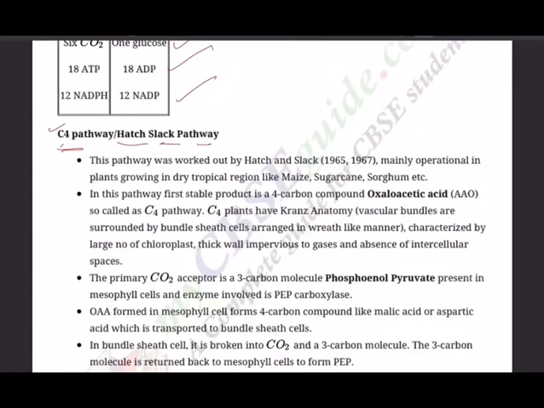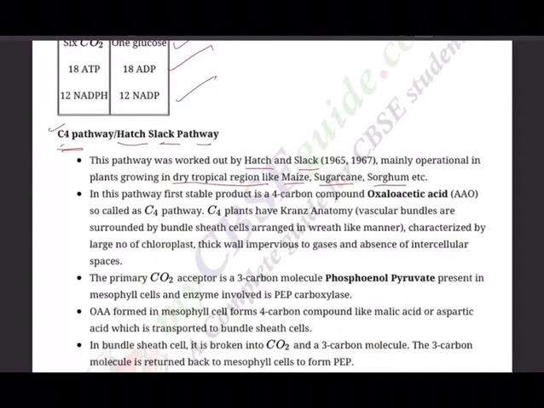This pathway was worked out by Hatch and Slack in 1965 and 1967. It is mainly operational in plants growing in dry tropical regions like maize, sugarcane and sorghum.